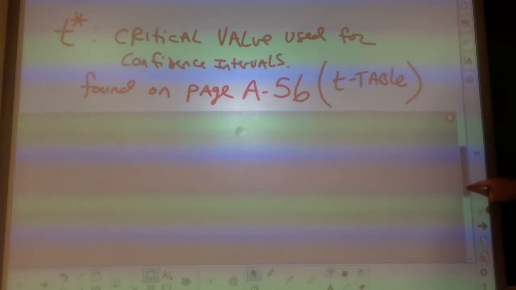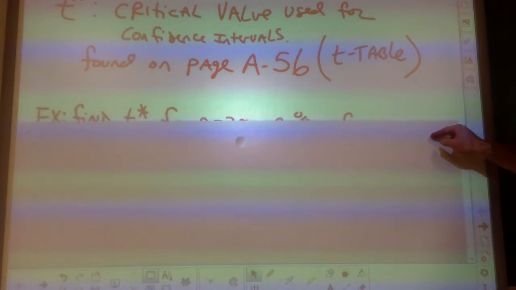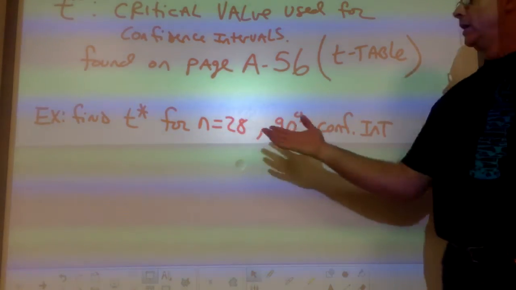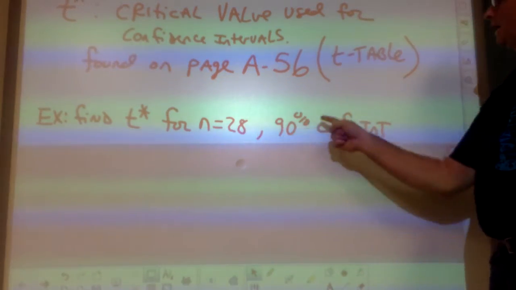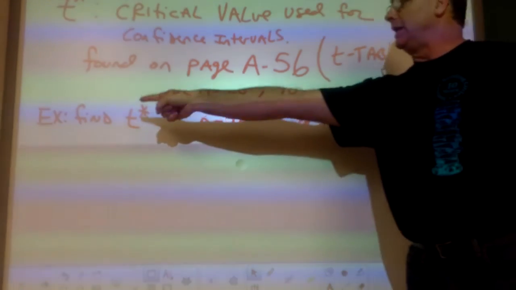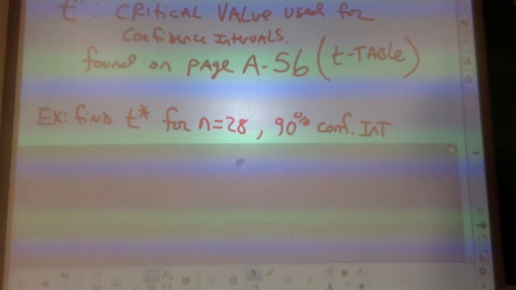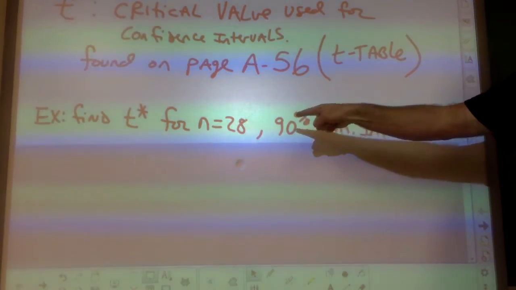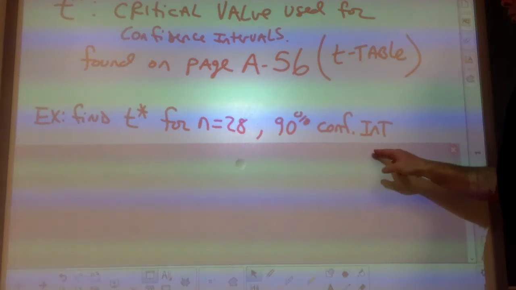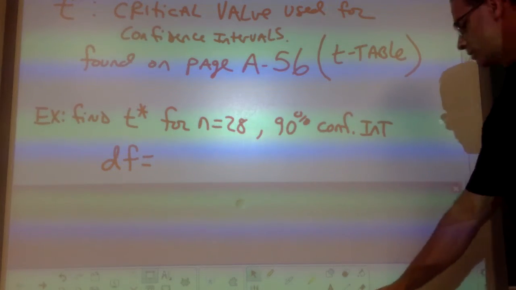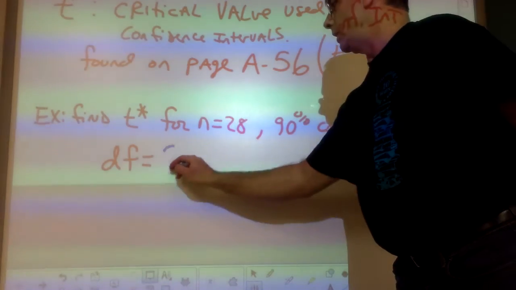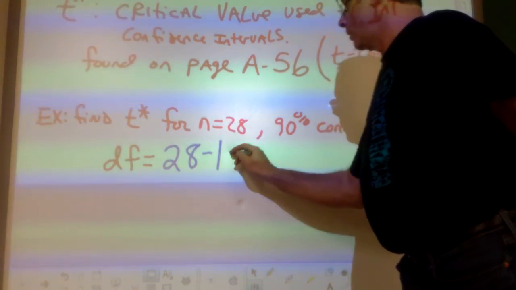So this first part is how do I use this t-table? For example, if I said I have a problem and my sample size was 28, and I want 90% confidence, I need this t star. Okay? So 90% confidence, sample size of 28. What's my degree of freedom? Well, degrees of freedom is n, 28, minus 1.